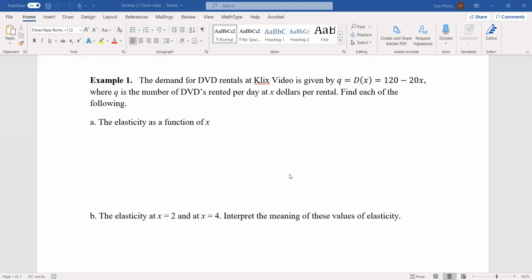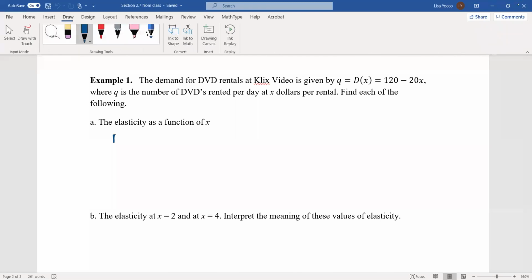Well, the first thing we need to do is get the derivative of the demand function. So D prime of x, that's pretty easy. The derivative of 120 would be 0, and for negative 20x, the derivative would be negative 20. So the derivative is a constant.